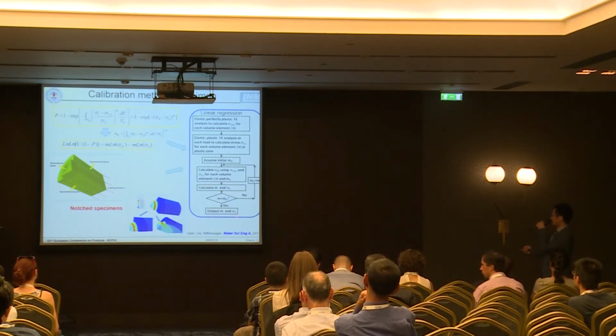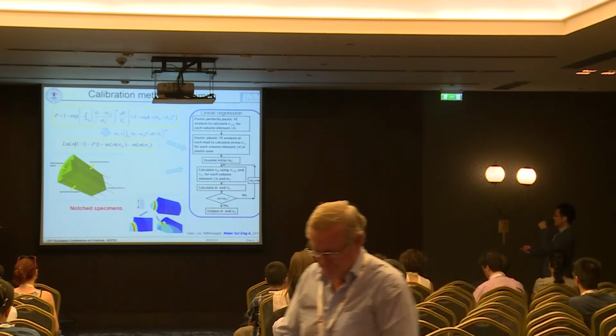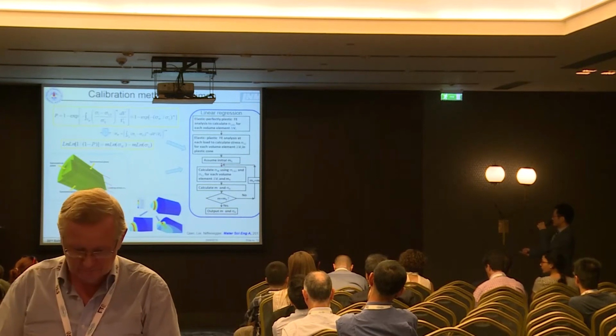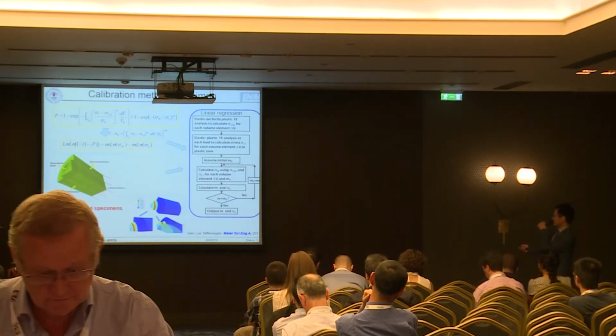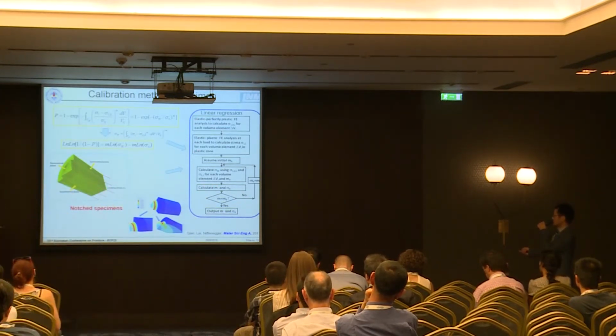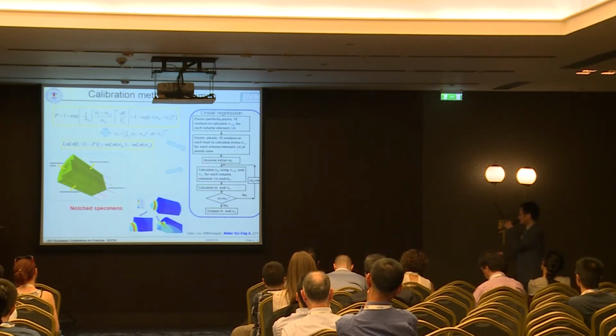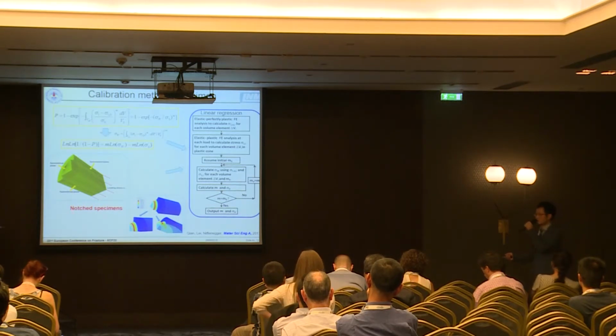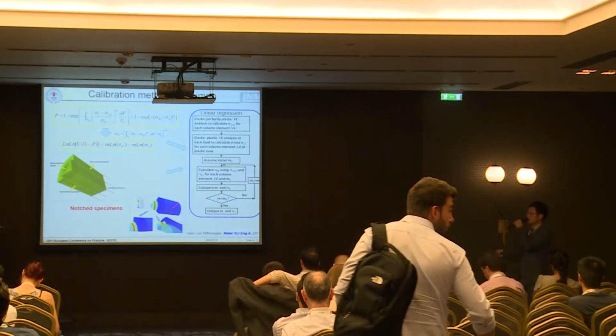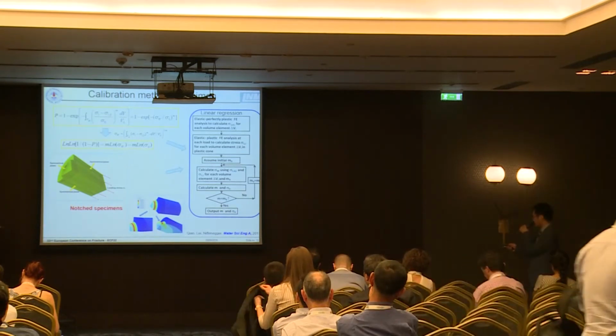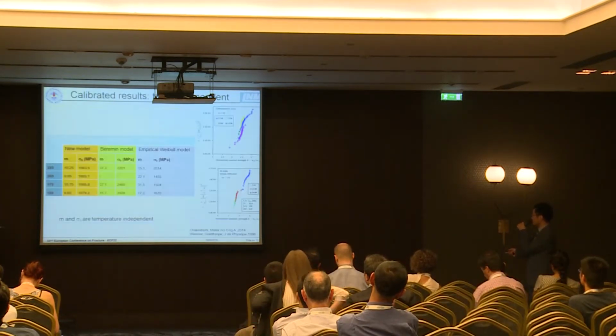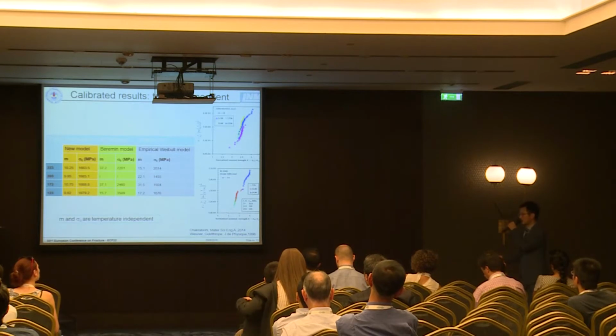We take a Monte Carlo simulation, and we assume an initial m0, and following this simulation we can calculate another m0, and if they are equal to each other, then this is the final result. For the finite element method, we use 3-dimensional finite element analysis, and we wrote our own subroutine to calculate the Weibull stress distributions. And then this shows our calibrated result.